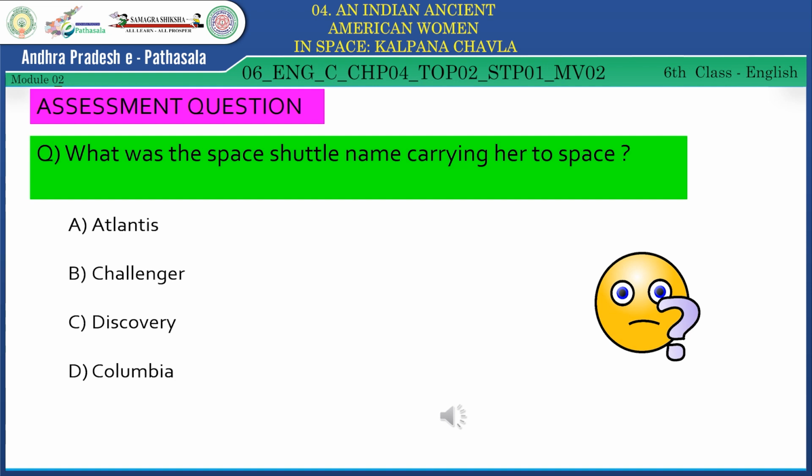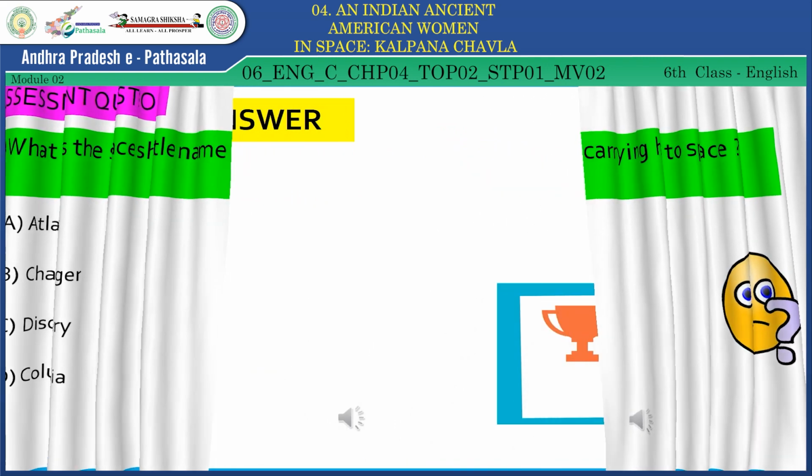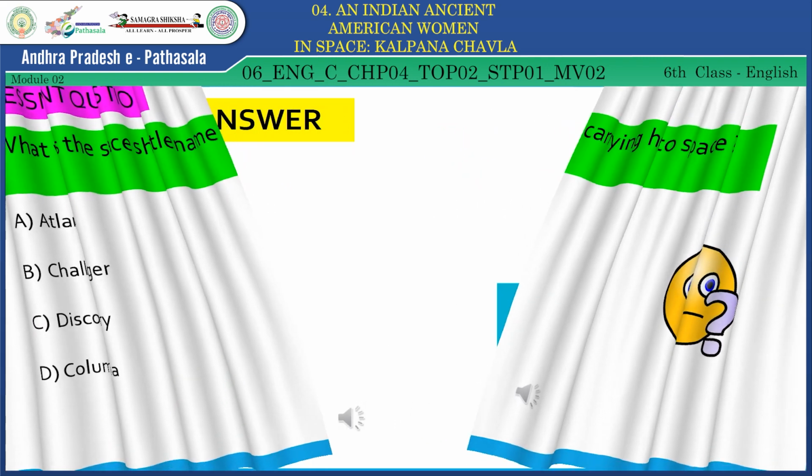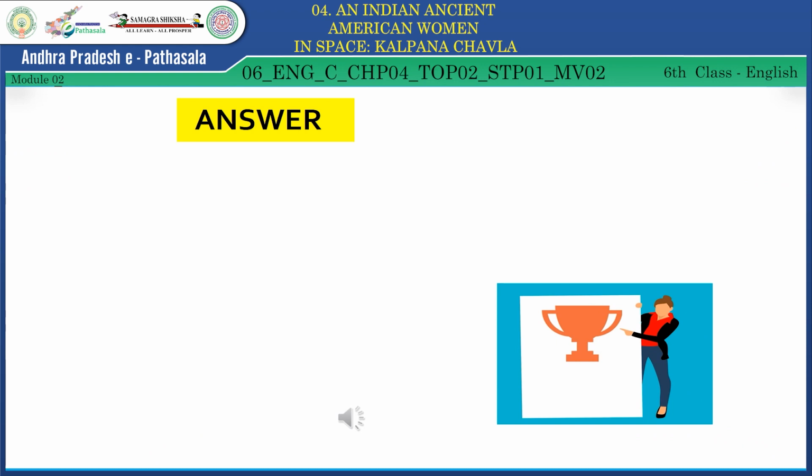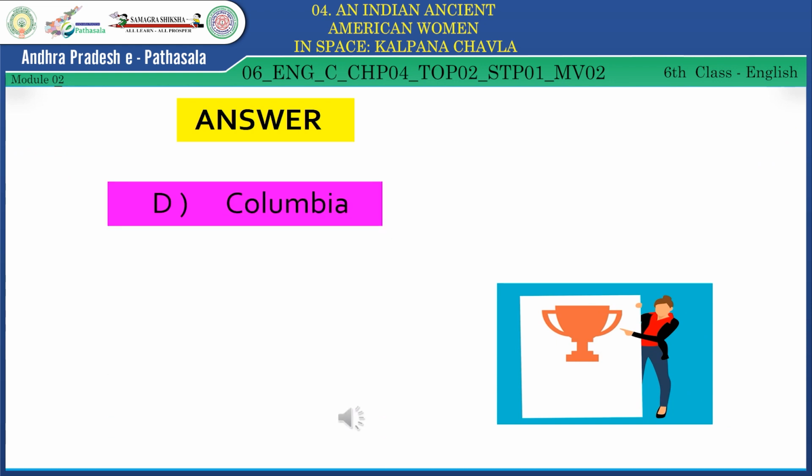Option B, Challenger. Option C, Discovery. And option D, Columbia. Choose the correct answer among these options. Very good. You are right. Option D, Columbia is the right answer.